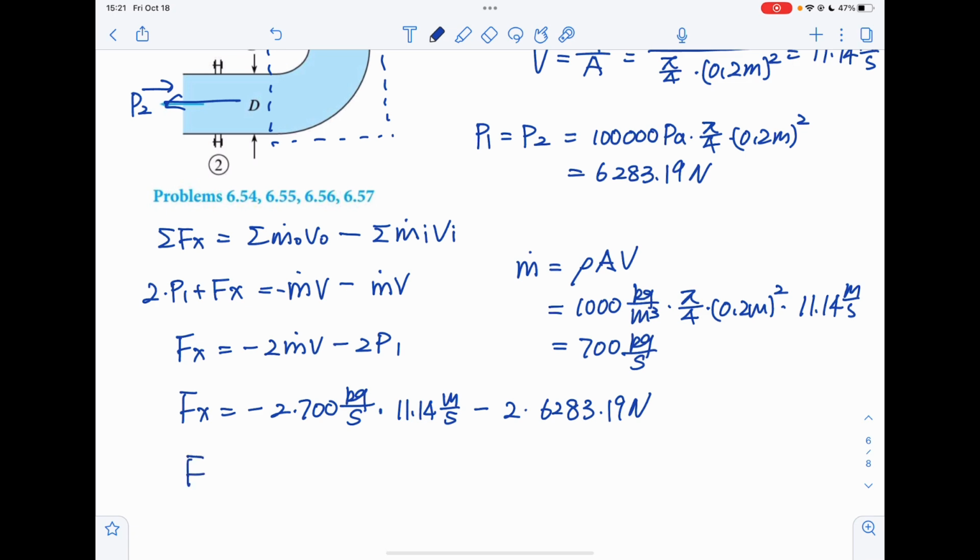Okay, so our final Fx is negative 14.1 kilonewtons, and the direction is to the left.